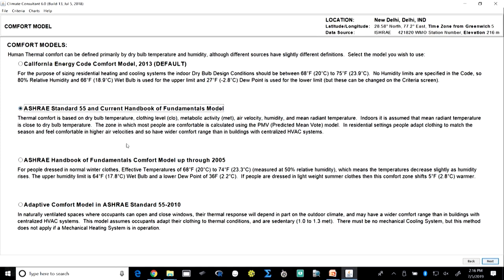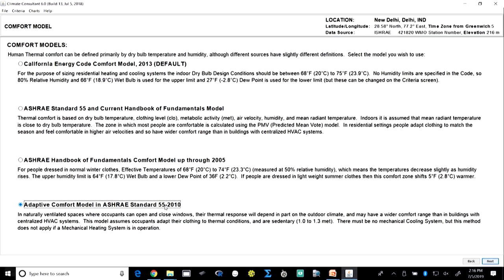If we are looking at the adaptive thermal comfort model as per ASHRAE standard 55, the 2010 version, then it is not the PMV based model, it is the adaptive comfort model. We can choose either one of these.